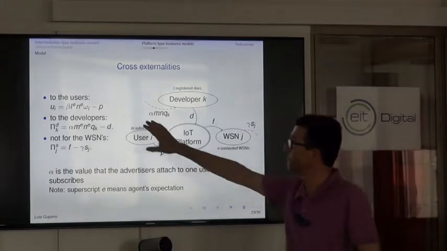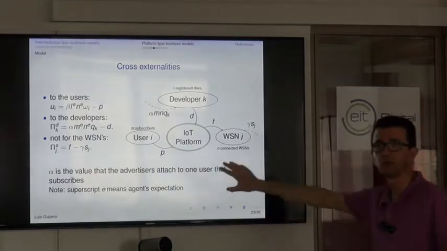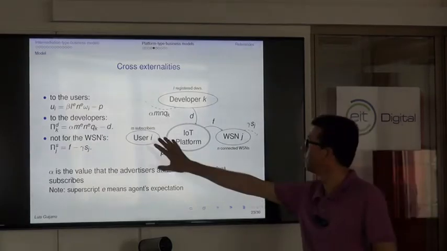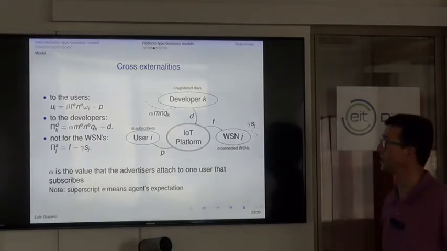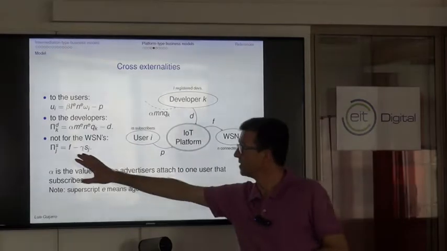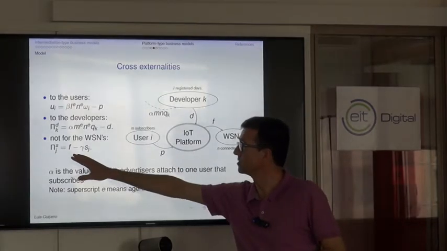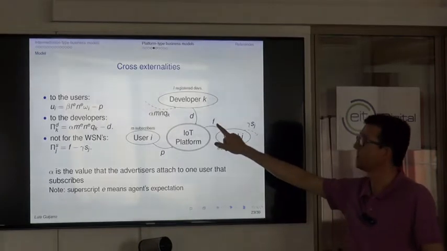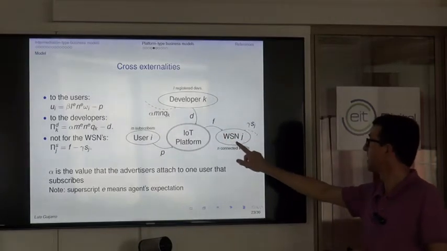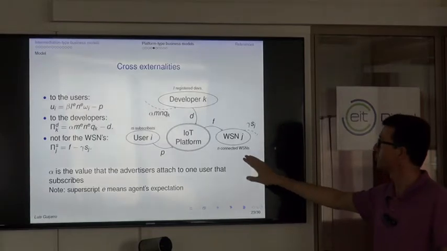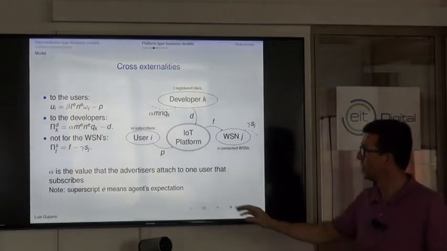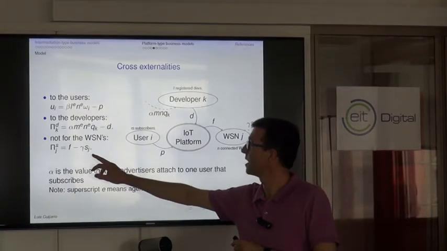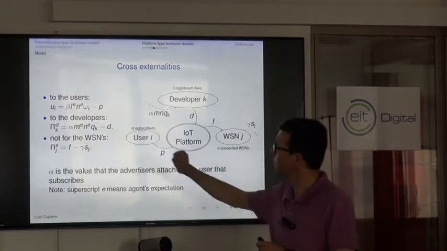More specifically, these will be the specific expressions that we have used in this work for the utility of users, developers, and sensor networks. The simplest expression is the one for the sensor networks, which are paid an amount F, and they pay an amount to the access provider, which depends on their upload requirements.